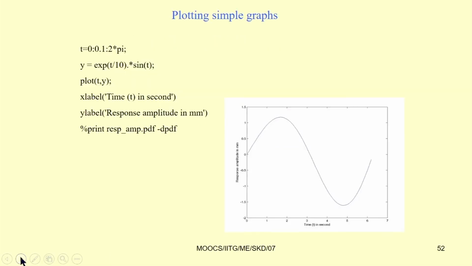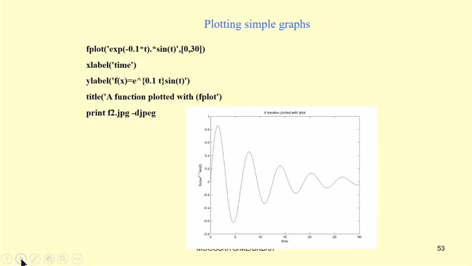Okay. To plot you can use a simple plot command. For example, t equal to this, y equal to this. Simply you can use plot t comma y. For x label, you can put x label equal to whatever you want, and similarly y label. That way you can plot it. You can go through these commands.